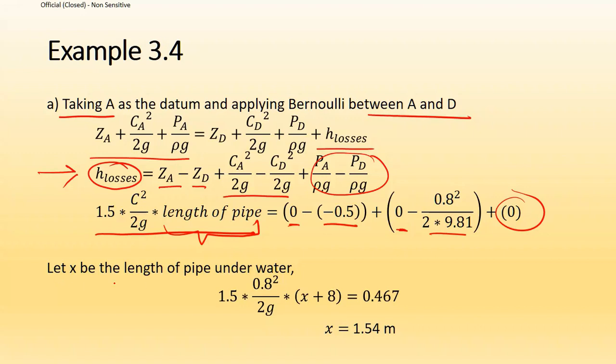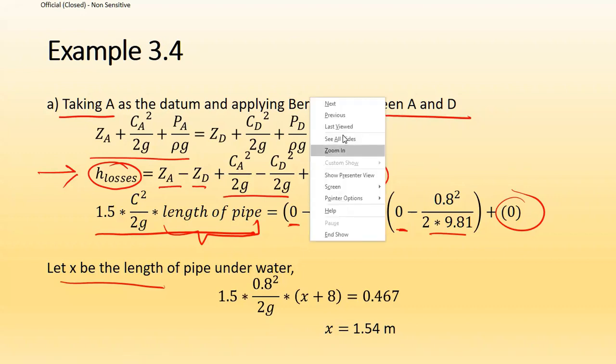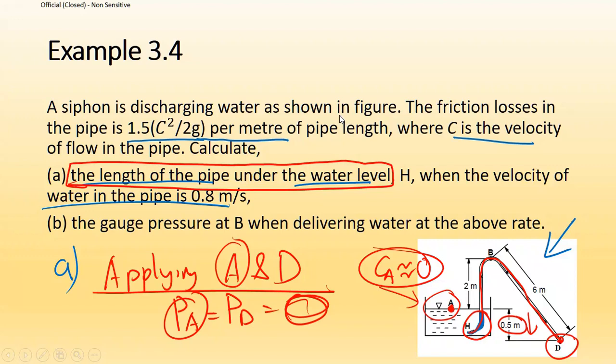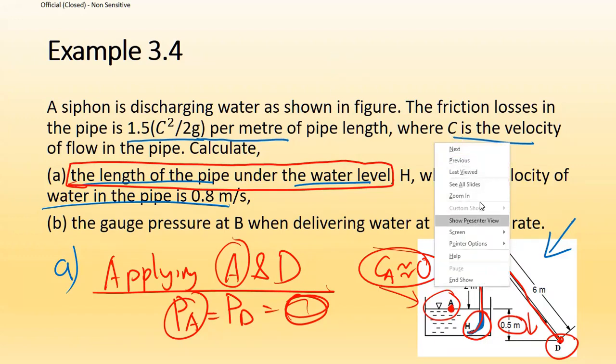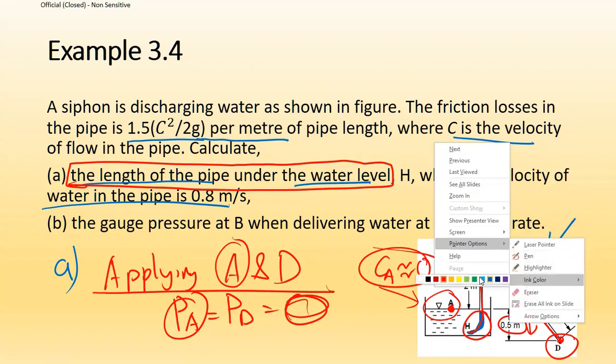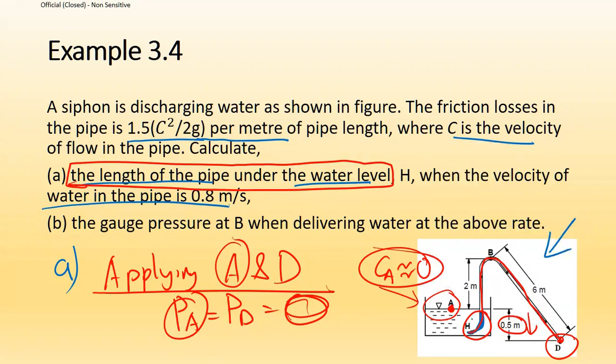If we let X be the length of the pipe under the water, what is the total length of the pipe that the water went through? Let's go back and calculate. The total length the water went through is, let me change the color, firstly this part, the unknown X, plus 2 meters plus 6 meters.